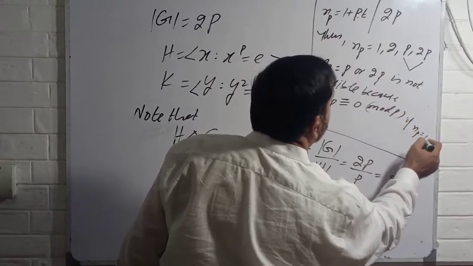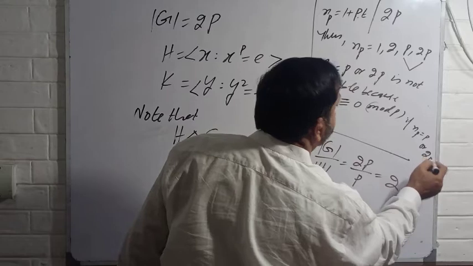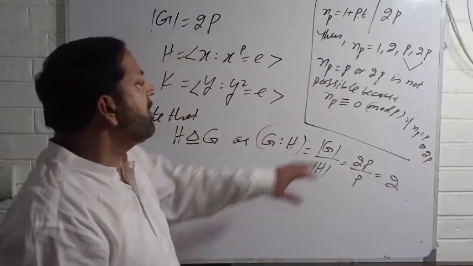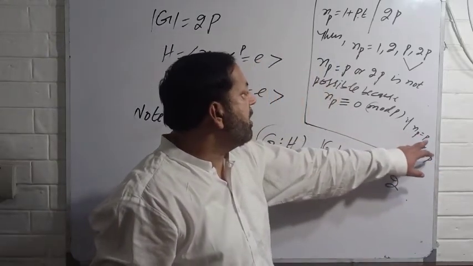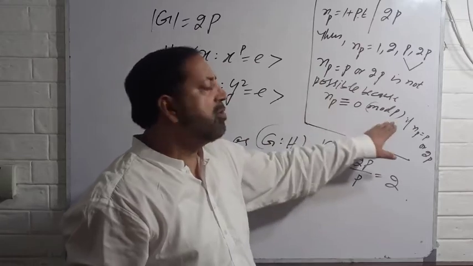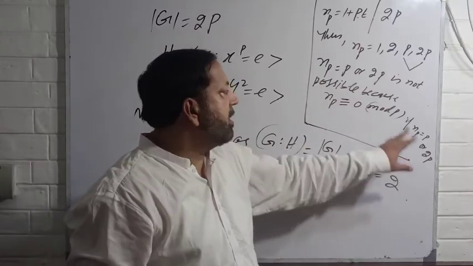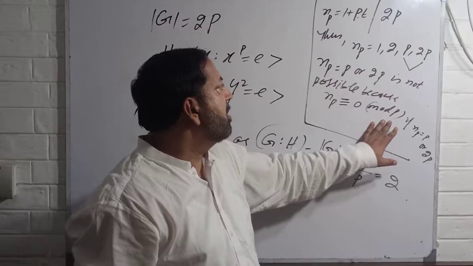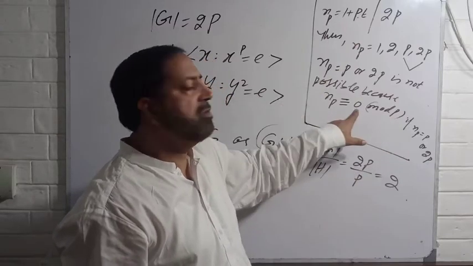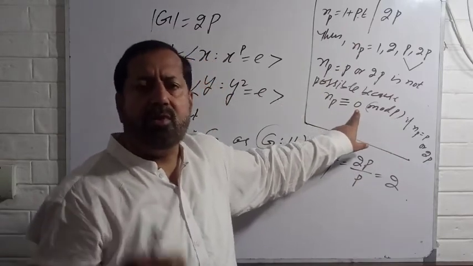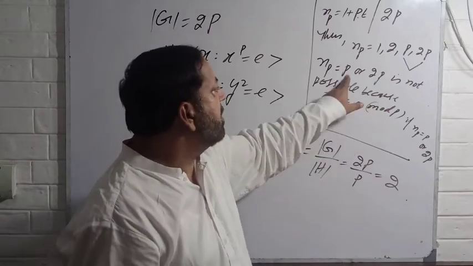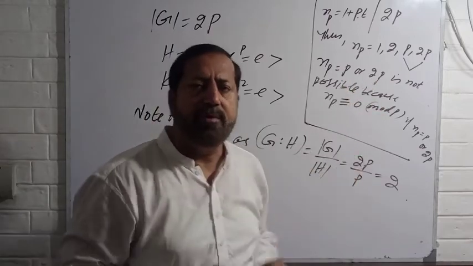If you take n_p equal to p, then p is congruent to 0 modulo p, and if you take 2p, then again 2p is congruent to 0 modulo p. But in Sylow's third theorem, you need n_p congruent to 1 modulo p. So that's why these two cases are not possible.